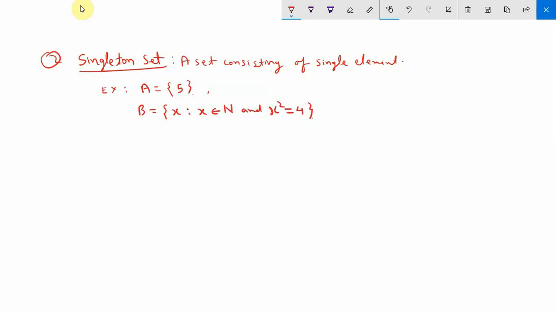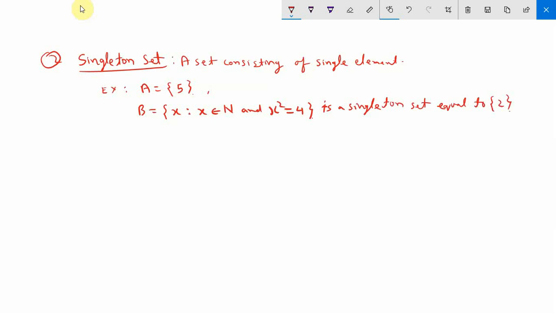So x square equal to 4 and x is a natural number. It will give only one element, which will be equal to 2. So this is a singleton set, only one element will be there, 2. Okay.